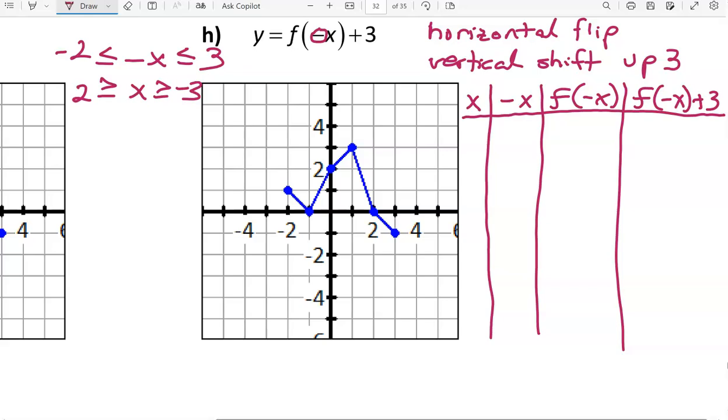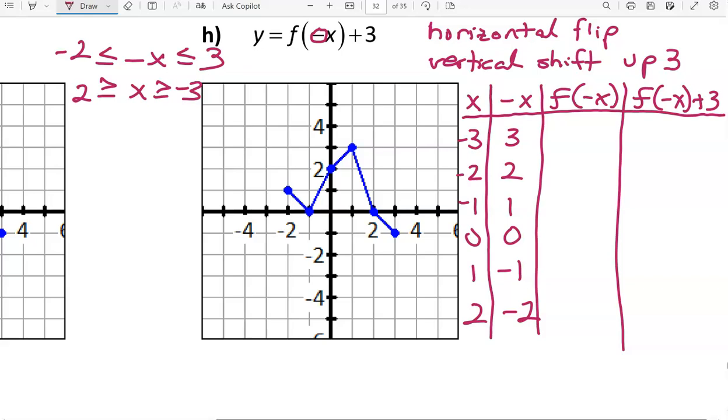So I'm going to start with -3 and -2, -1, 0, 1, 2. When we take the opposites, that will give us the values in the next column, and then take f of each of those values.